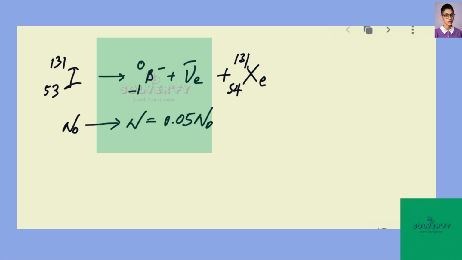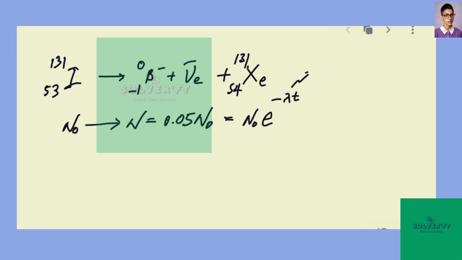We're going to use the decay law, that is, the value n at any time after n0 is given as n0 times e to the power of negative lambda t. t is the time, right, that we want to find.